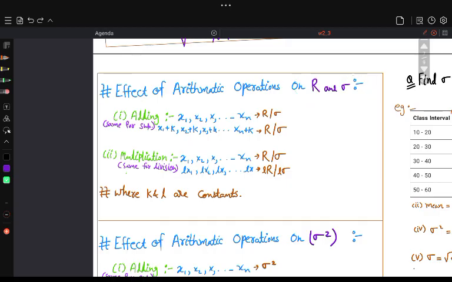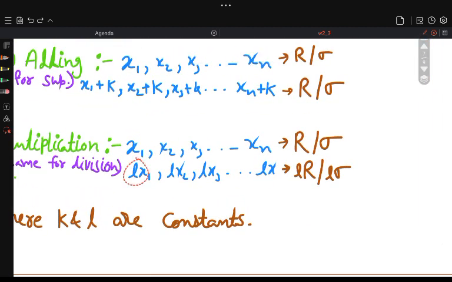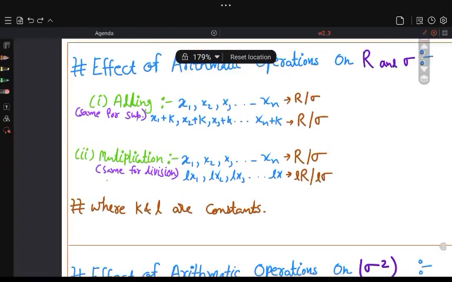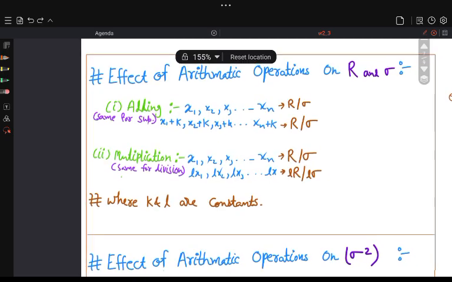Range and standard deviation both are unaffected by addition, but by multiplication, if we multiply by a constant L as we multiplied in the mean, then they will also be multiplied by L. So they are affected by multiplication. The range and standard deviation both are affected by multiplication, but are not affected by addition or subtraction.